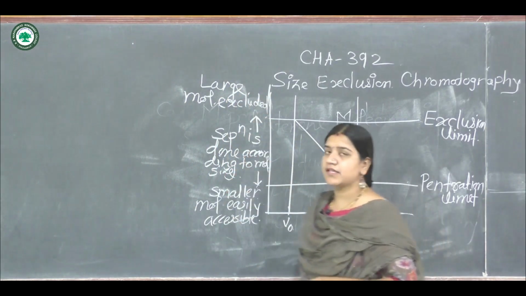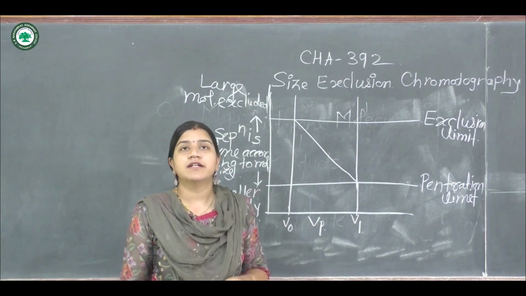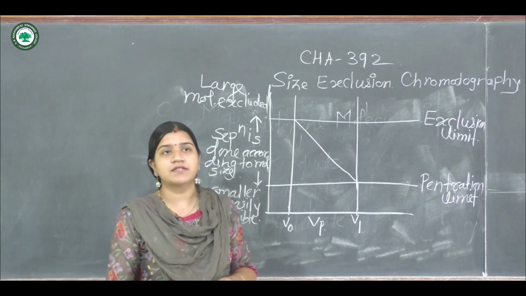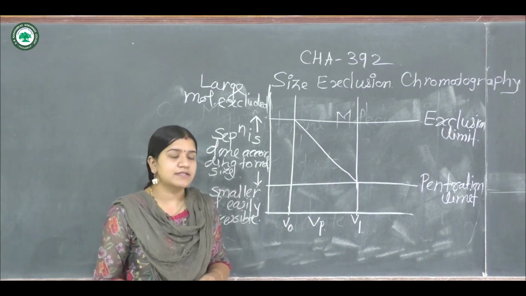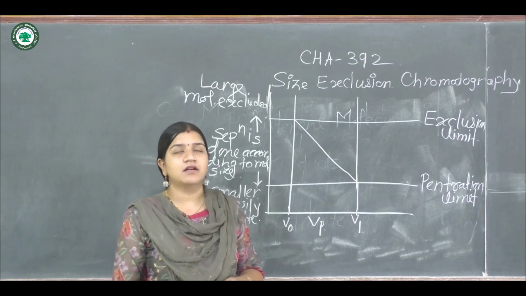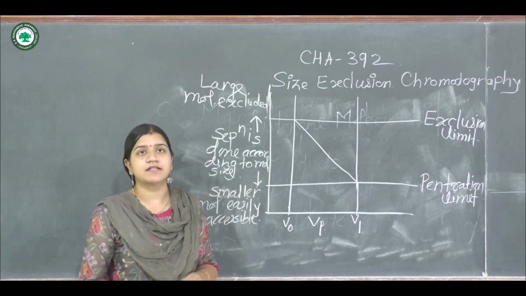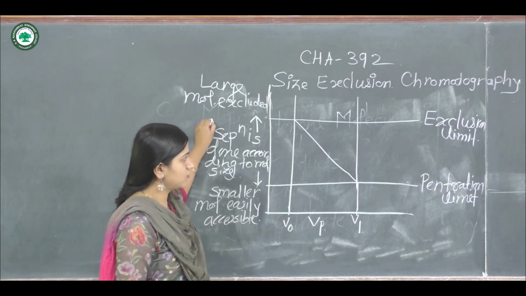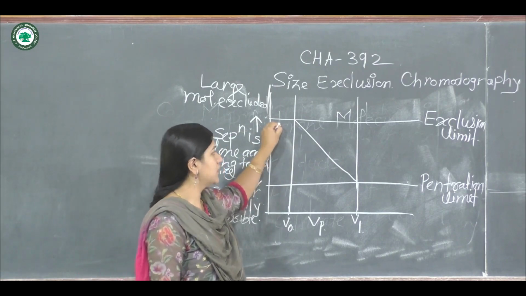So in the last lecture we have seen that we have to consider the diameter of a pore as well as the molecular size. So when the radius of a pore is smaller than the radius of a molecule, then it is not accessible. So all the larger molecules are excluded. So this line represents the exclusion limit.